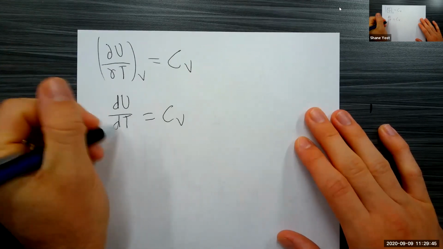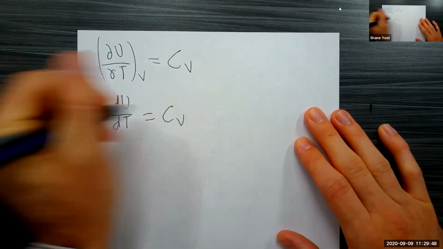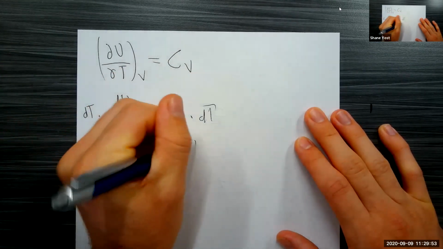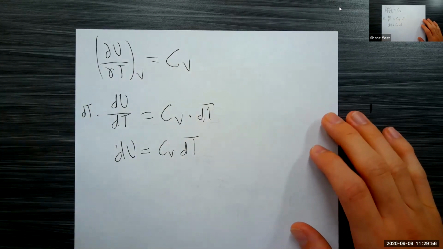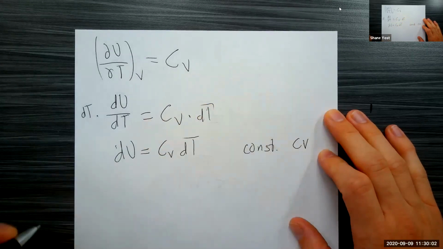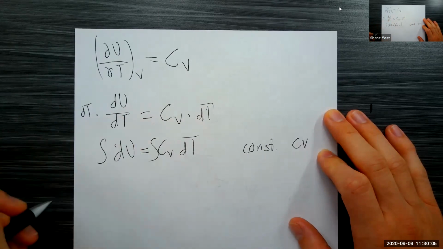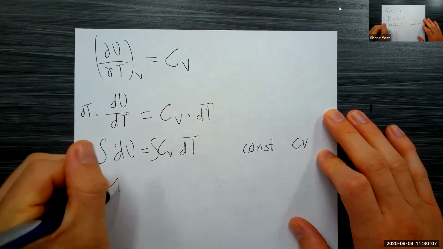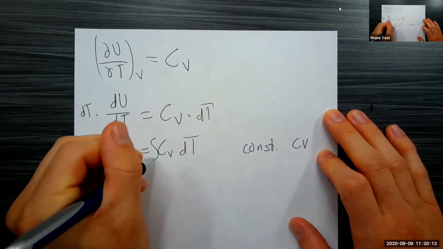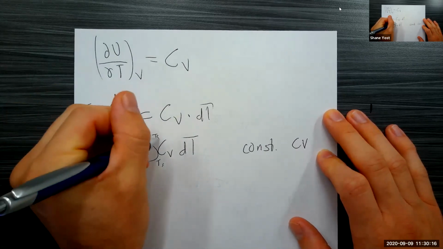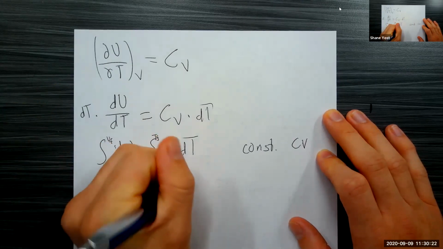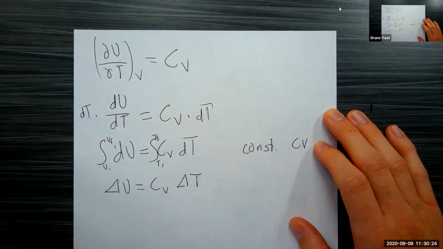Multiply both sides by dT, and you get dU equals C_V dT. Now if we assume a constant C_V, then when we integrate both sides, the integral of dU is just delta U, from U initial to U final, and for T initial to T final, C_V is a constant, so that gets pulled out, and dT integrates to delta T over that temperature range.